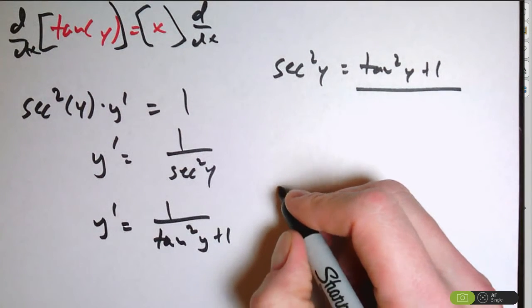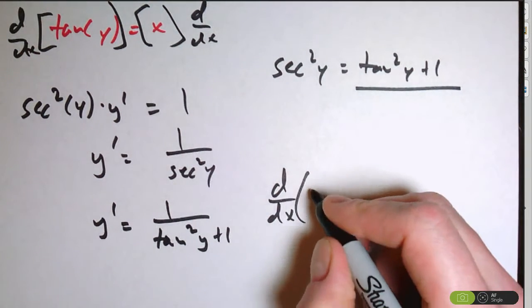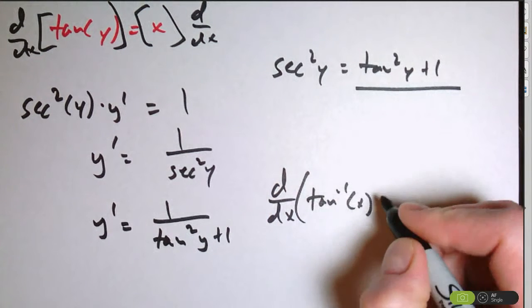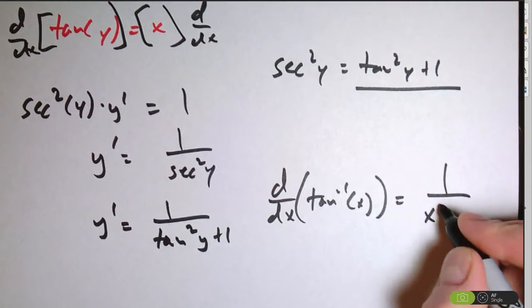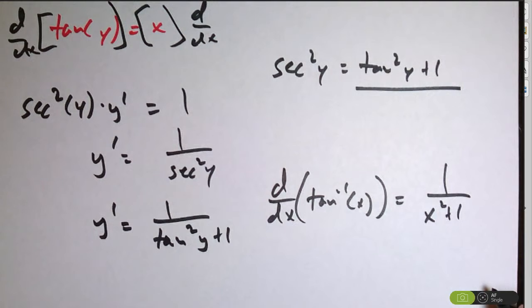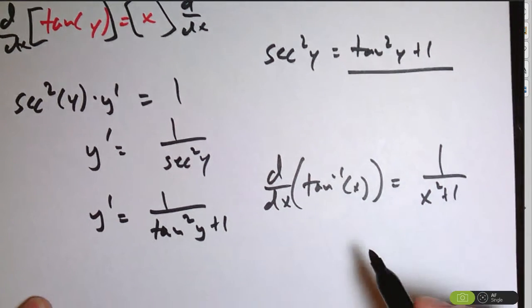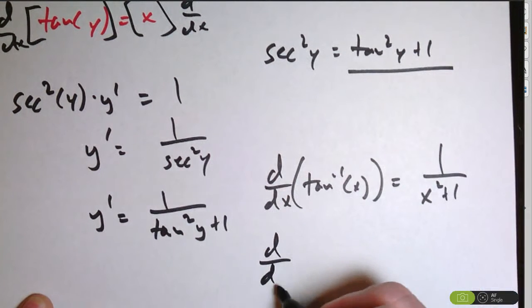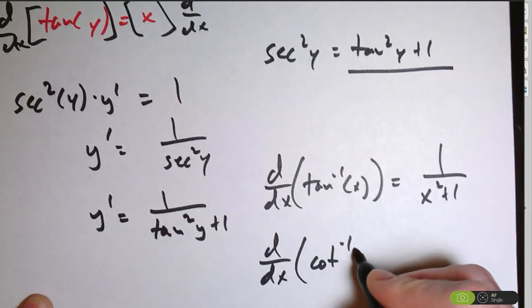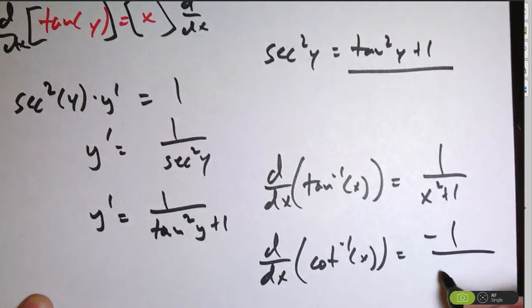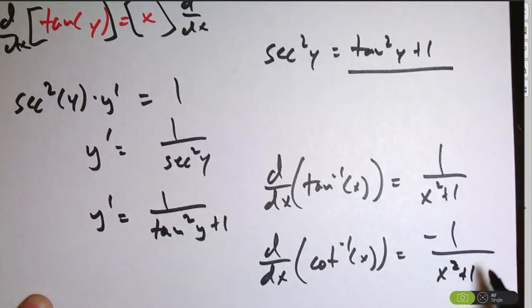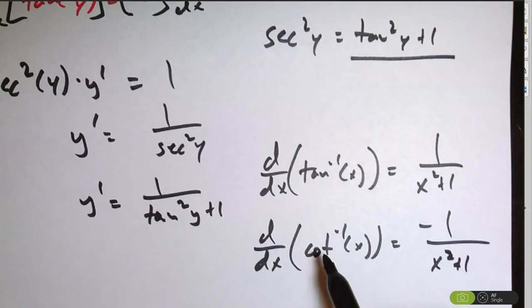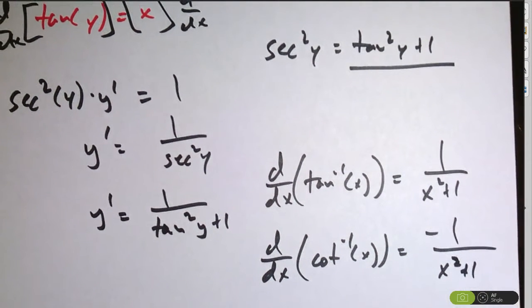So the derivative of inverse tangent is simply 1 over x squared plus 1. Okay. And then, by the same exact thing, I can do inverse cotangent. The derivative of inverse cotangent is negative 1 over x squared plus 1.